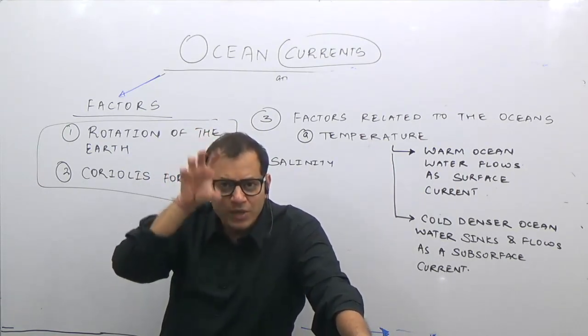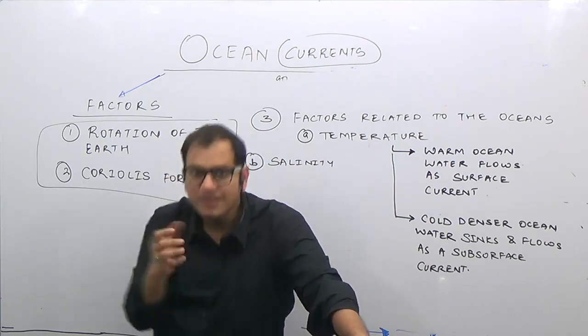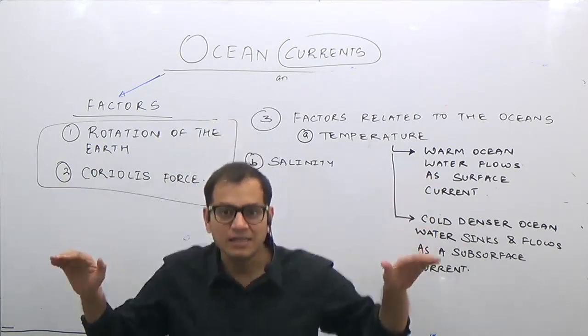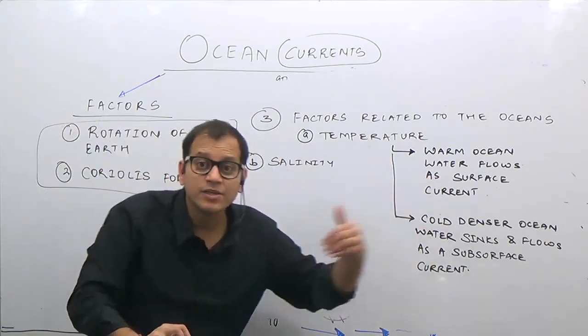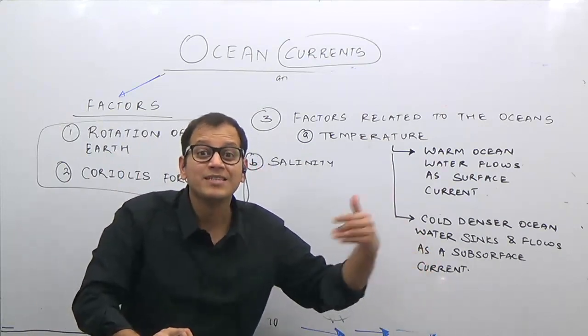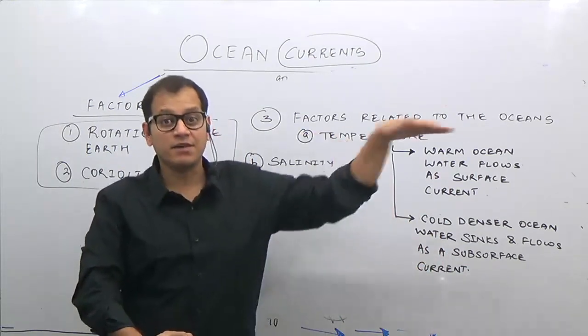So if the two areas have equal temperature, the denser water, because it is heavier, will sink downwards and flow as a subsurface current, while the lighter water will flow as a surface current.